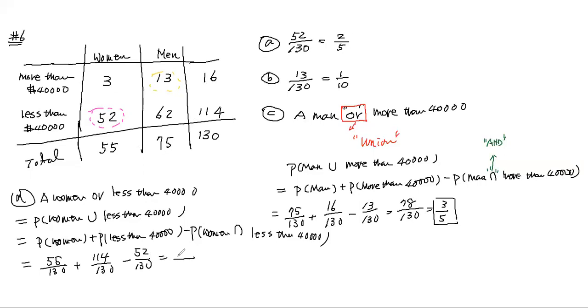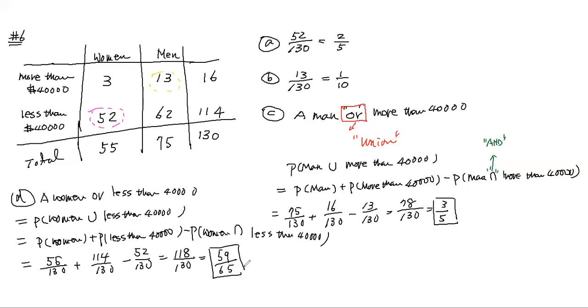So what I have here is 118 over 130. Let's see, 118 divided by 130 will be 59 over 65. So 59 over 65, it's a pretty high chance, right? If you randomly pick a person, it will be a woman or someone who earns less than 40,000. So that is problem number 6.